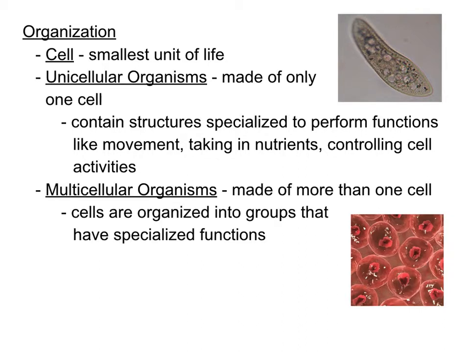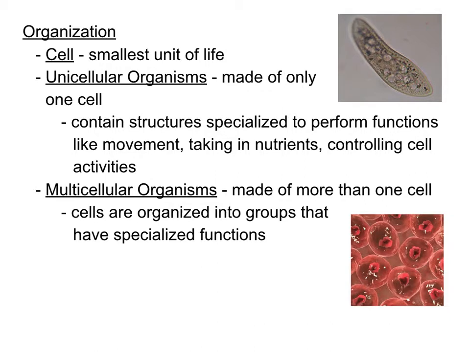The second group are the multicellular organisms, and multicellular organisms are things that are made of more than one cell. And you can see that right here in this picture. We've got lots of different cells in this one organism. So the cells still have parts that perform certain functions, but they're grouped into collections of cells that have specialized functions.